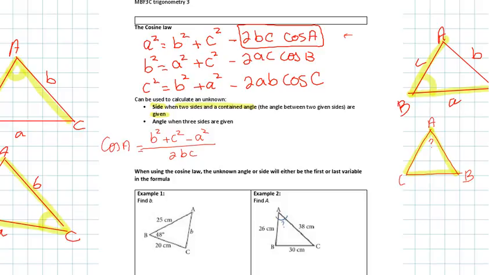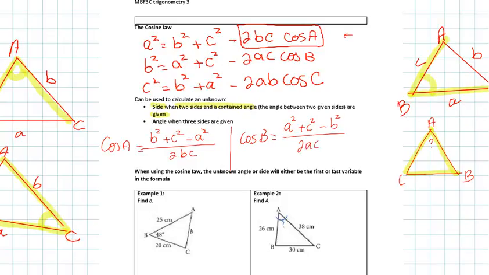Can you guys tell me what was the cosine B formula? A squared plus c squared minus b squared over 2AC.